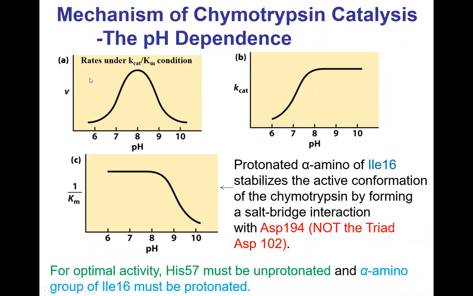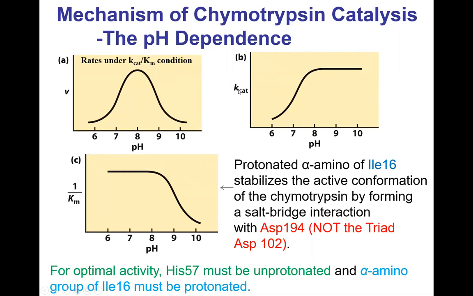But in this experiment, they measured the initial rate at different pH under kcat by Km condition, okay. So it turns out that by using the methods of enzyme kinetics, this plot can be broken down into two components, a kcat component and a 1 by Km component, using some mathematical manipulations.